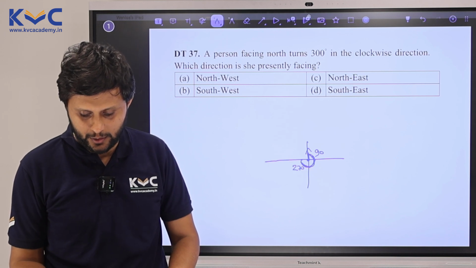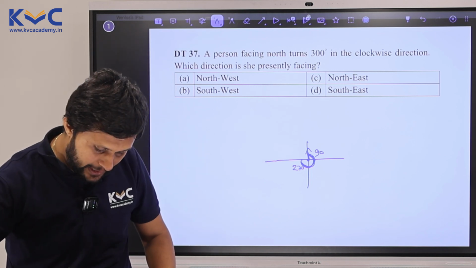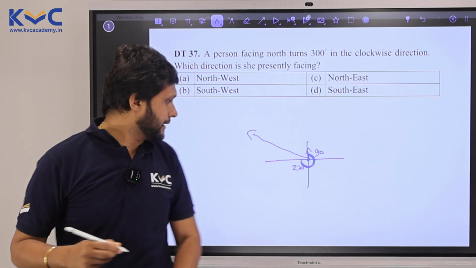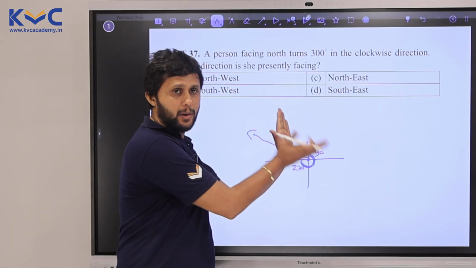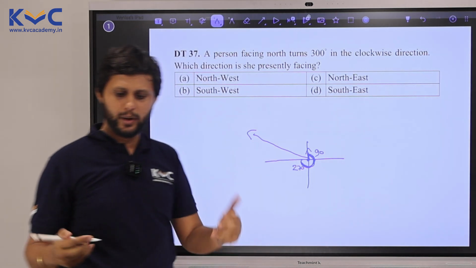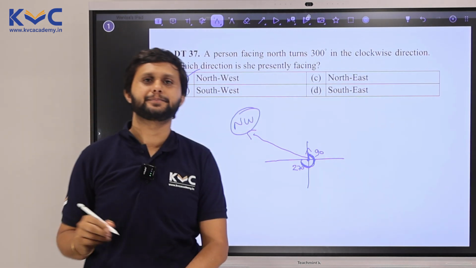Okay, 270 degree. I need 300 degree, which should be more than that. So you should turn at least this much. Correct? We started from here. This would have been 90, 180, 270, little more than 270, going towards the northwest direction.